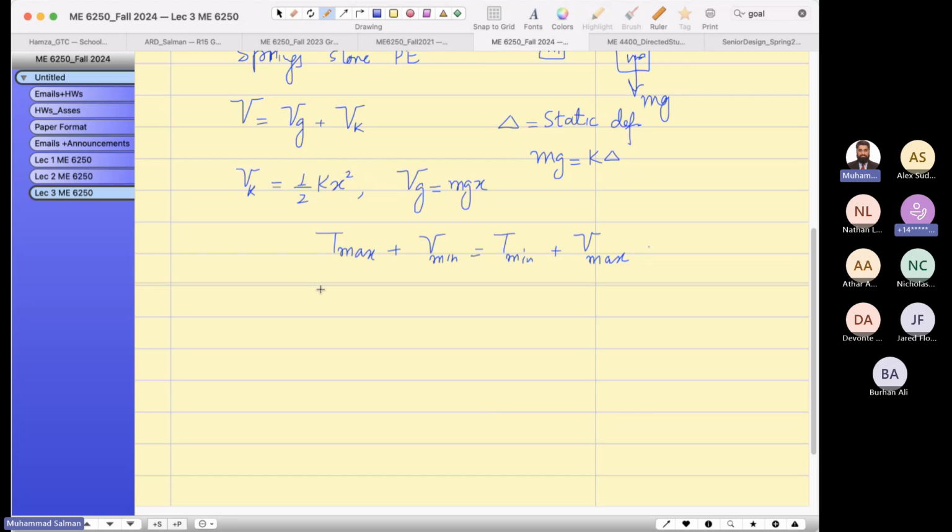T max equals what? T max is half m x dot square, and T min is 0.